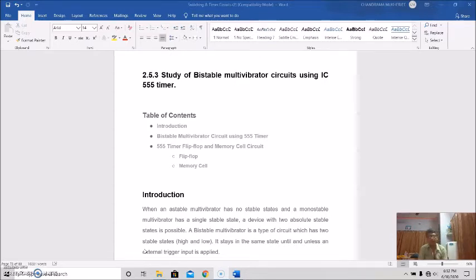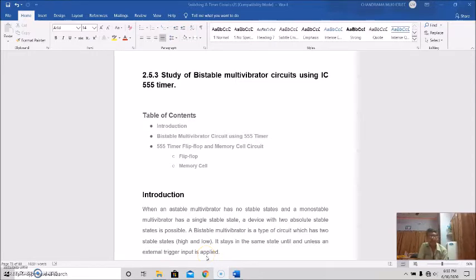A monostable multivibrator has only a single stable state, and a bistable, as its name suggests, has two absolute stable states. Since it has two stable states, high and low, it is called bistable, and it stays in that stable state until an external trigger input is applied.